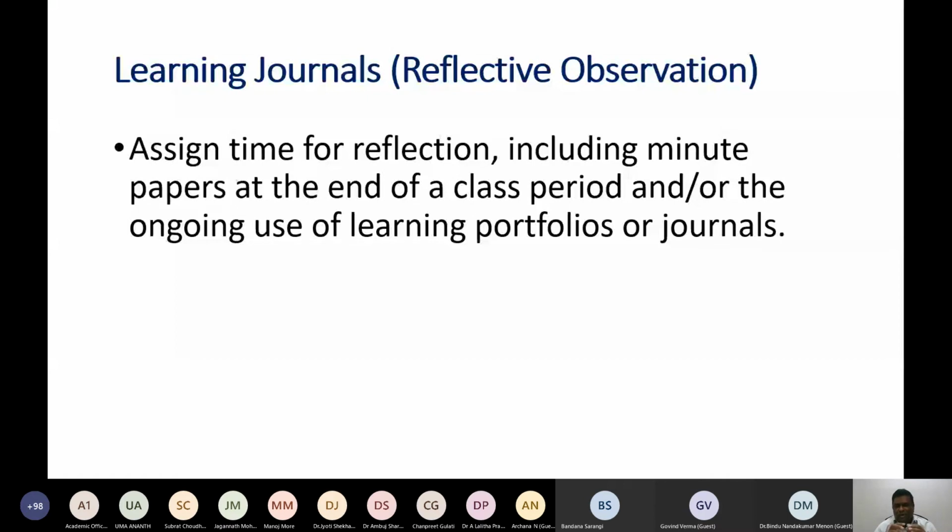That is a very small assignment, but for the true learning journal, you are going to ask the student to develop a journal reflecting upon their experience throughout the course, right? These are some of the questions or the guidelines that I give to my students. You can go through them, they are self-explanatory.